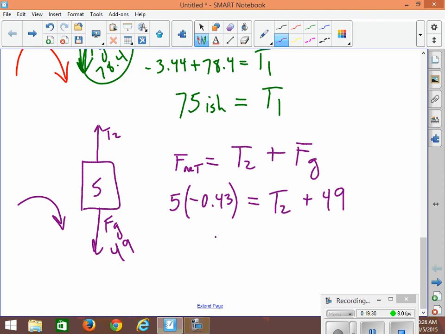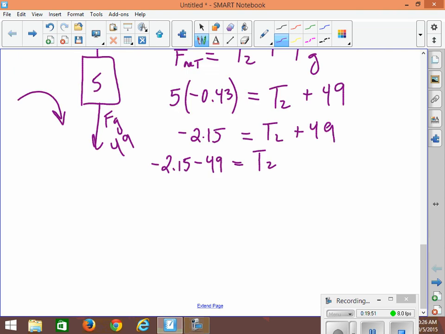So 15.15 negative equals T2 plus 49. In this case, then, we have negative 2.15 minus 49 equals T2. So that's about 51-ish, 51.15 if you want.